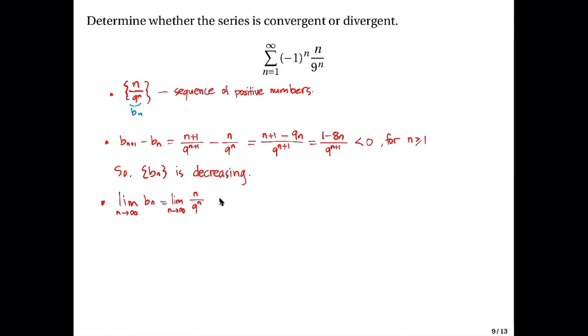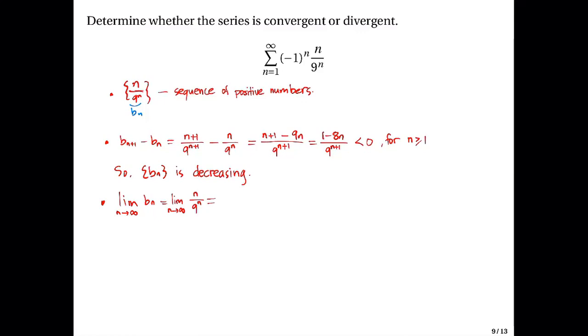And again, you can argue that n polynomial sa numerator, exponential sa denominator, magiging 0 lang ito. Mas mabilis yung exponential sa polynomial. Or you can just use L'Hopital's rule. Hindi ko na i-formalize.